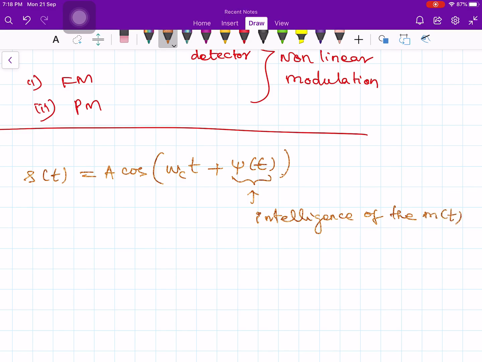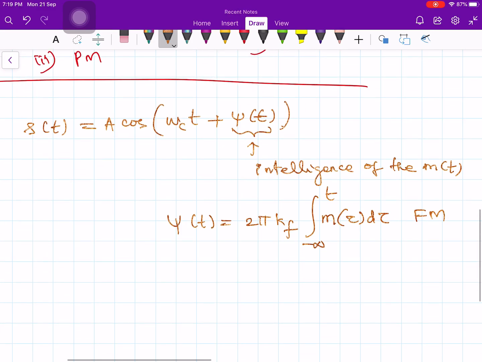Now what is psi of t? Psi of t is equal to 2 pi k suffix f integral of m of tau d tau, and the limit is this one. This is for the FM system, if you are working with the frequency modulated system.